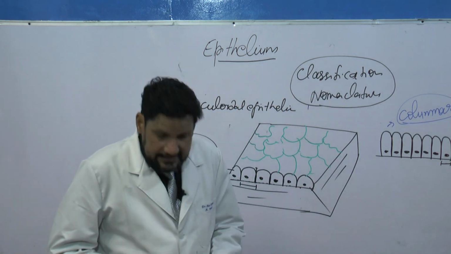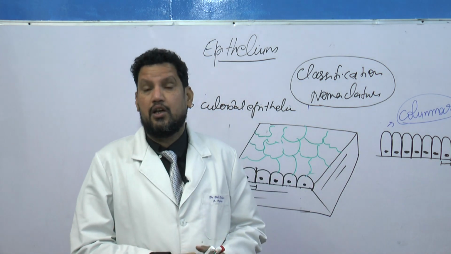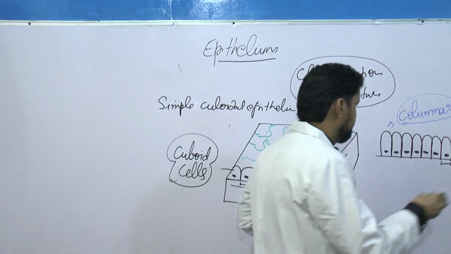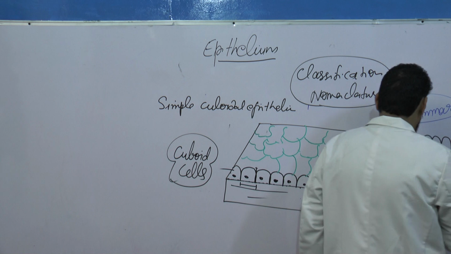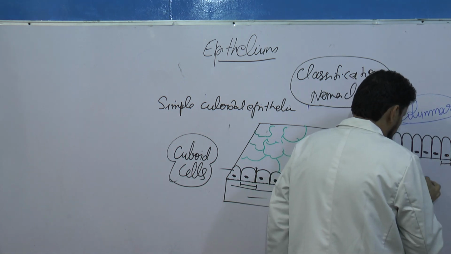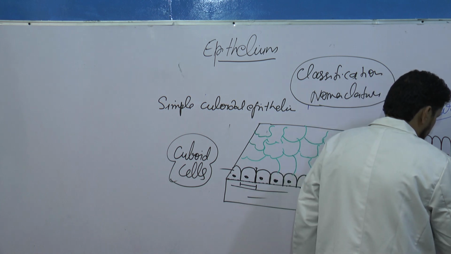And when these cells are arranged in a single layer or single strata, these are known as simple columnar epithelium.